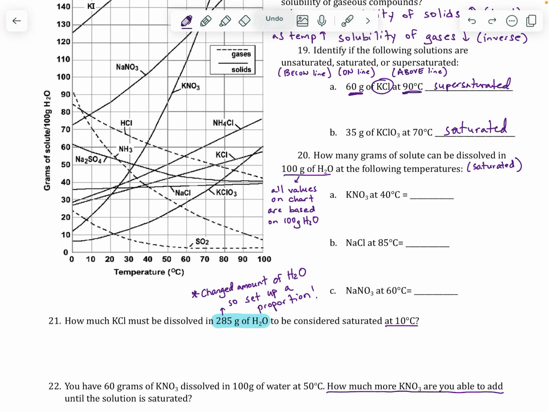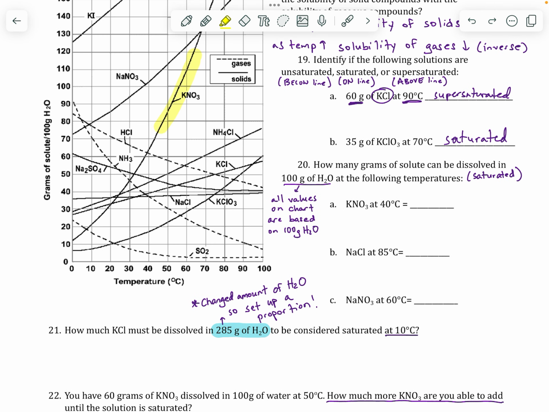So for KNO3, which is this line right here, if I'm looking at 40 degrees, I would go all the way up until I hit that line, which is right about there. Roughly, we can say that's about 65 grams, right? If we go over here, it's about halfway. So I would say 65 grams.